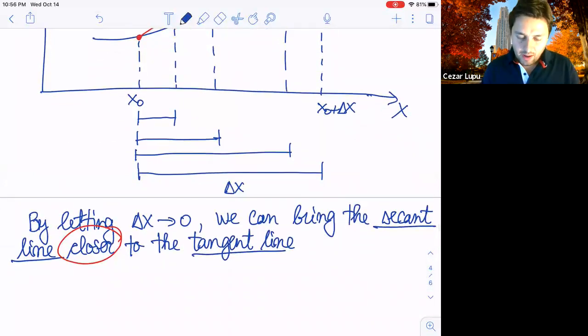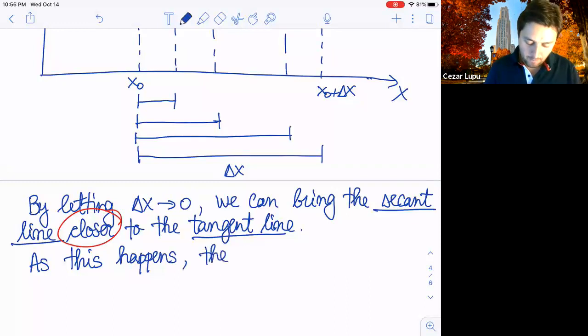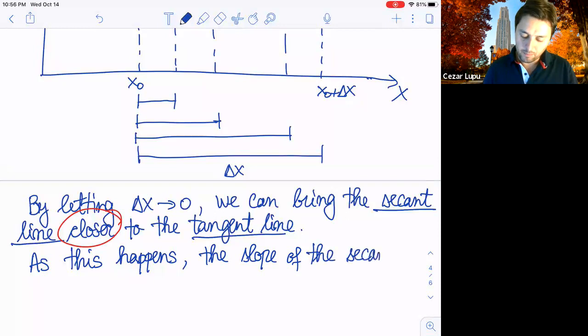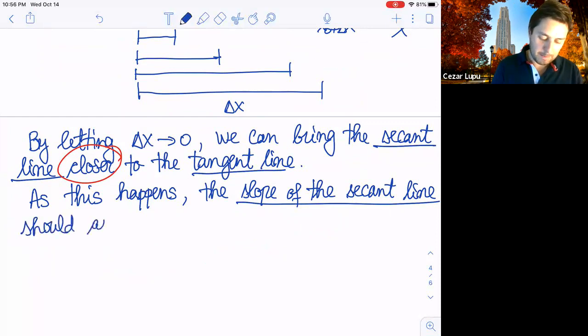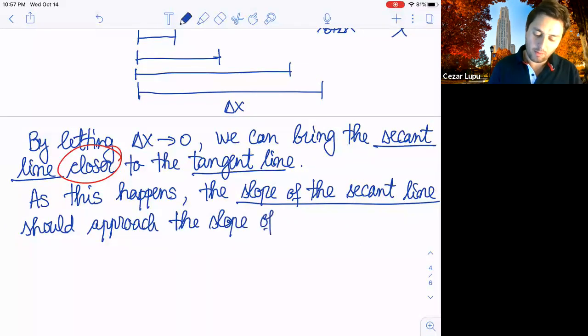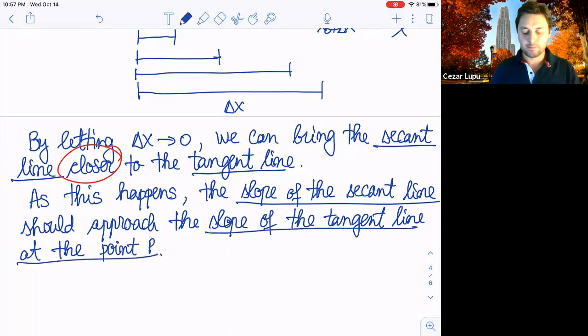Anyway, as this happens, the slope of the secant line should approach the slope of the tangent line at the point P. At the point P. This is important. All right.